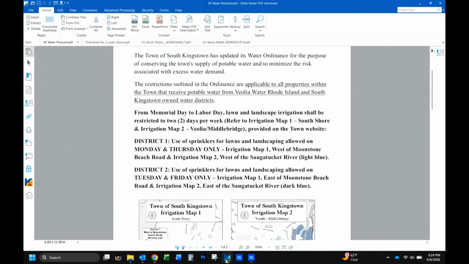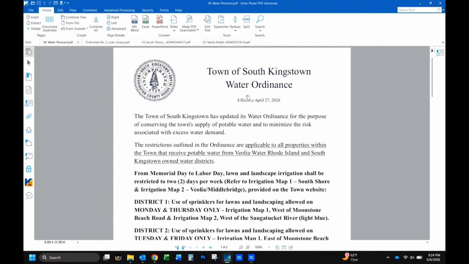Good evening. As you know, we received an approval here for this irrigation ordinance. I guess it was approximately maybe a month and a half ago. We immediately prepared a flyer to go out to all of our services, the owners of all those services.